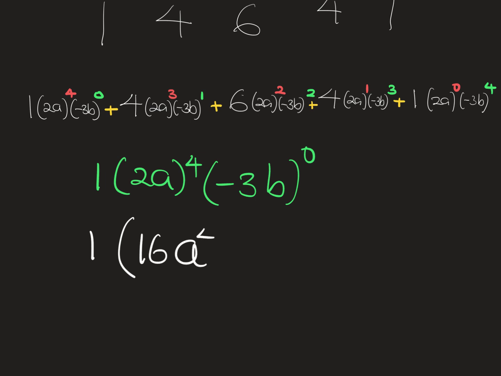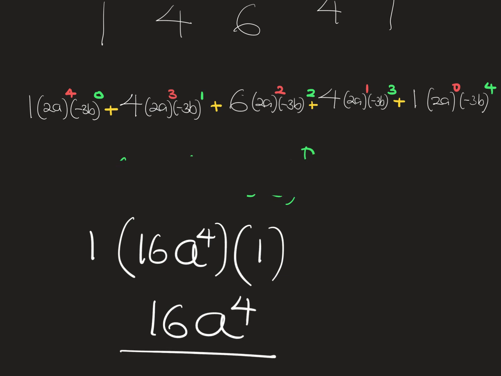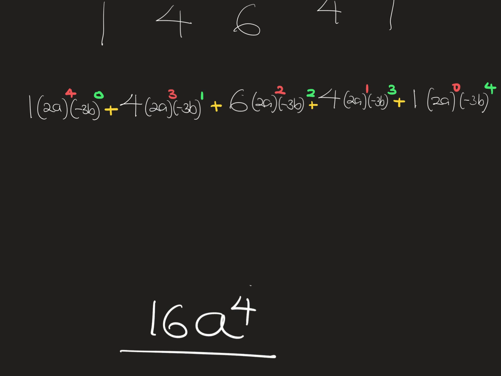Then we have a to the power 4, into anything to the power 0, which is 1. So it means we will have 16a to the power 4. Okay, let me write that. So that is 16a to the power 4.